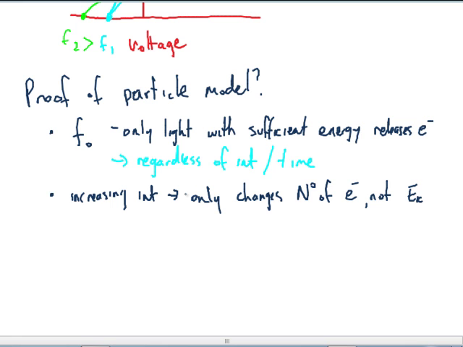So the way that this was then explained is that light's made up of photons.